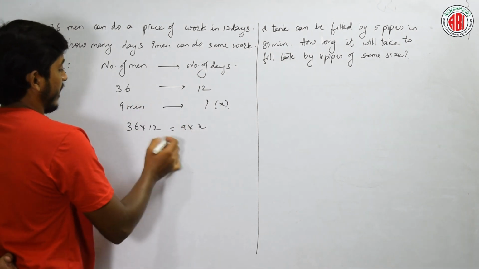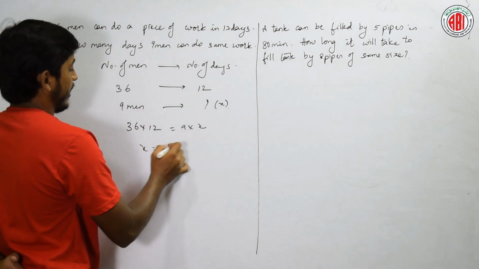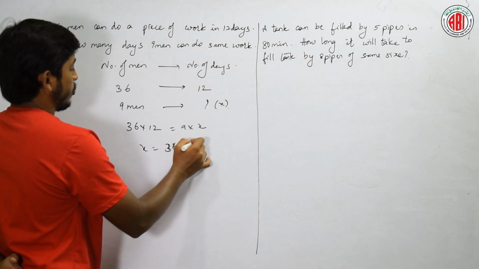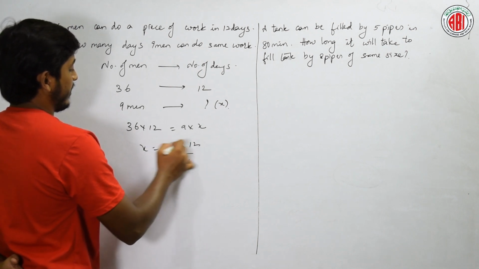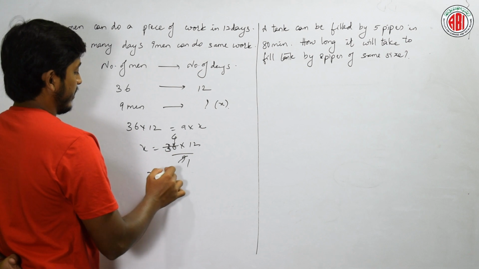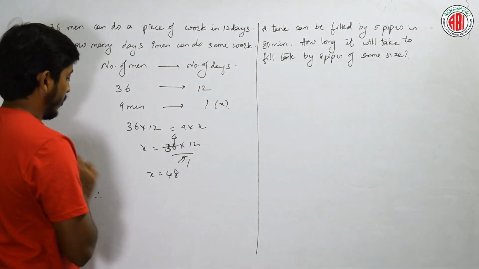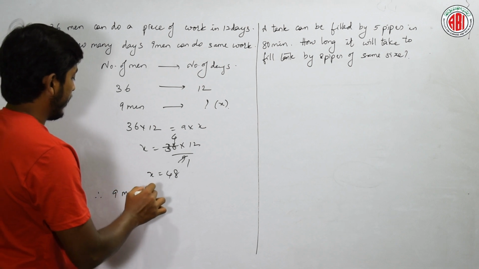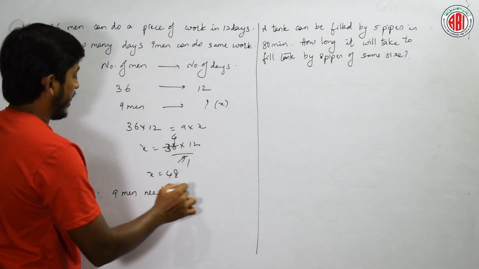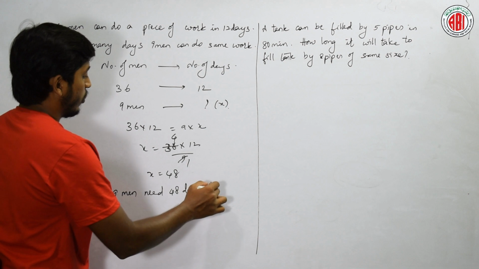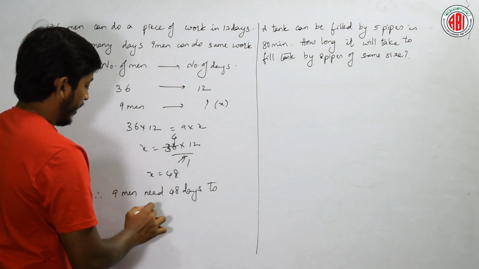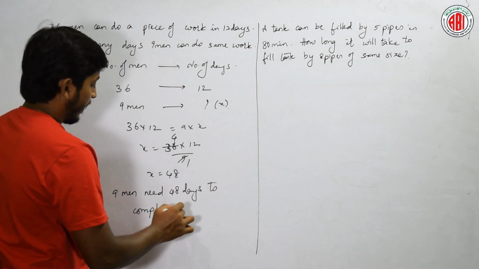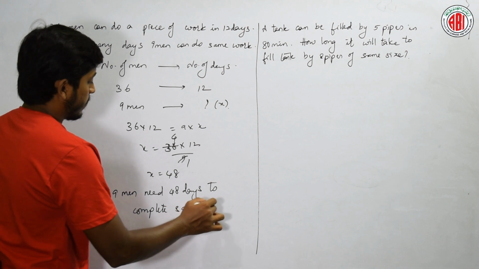That is nothing but x is equal to 36 into 12 divided by 9. 9 ones are 9, 4s are 36, x is equal to 48. Therefore, 9 men need 48 days to complete the same work.